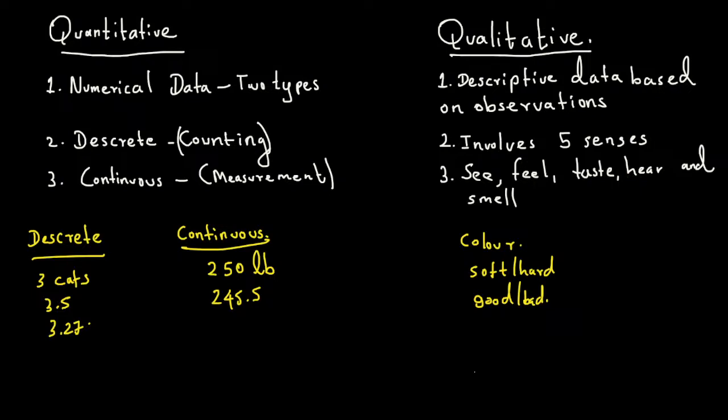If we hear, we can say loud or low. And for smell also we can say good or bad. So it's based on what we see, feel, taste, hear, and smell. If we have these kinds of characteristics, that is called qualitative.